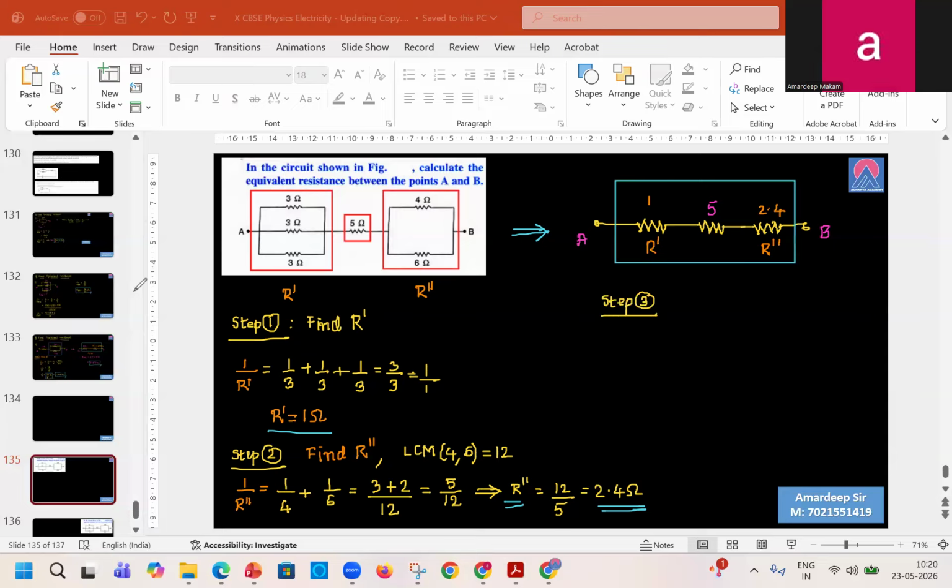तो स्टेप 3 RAB इज इक्वल टू हाउ मच? RAB is equal to 1 plus 5 plus 2.4.